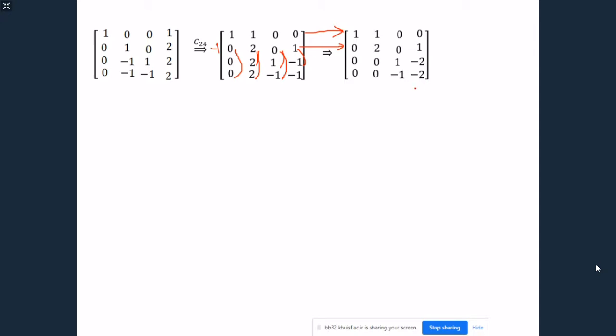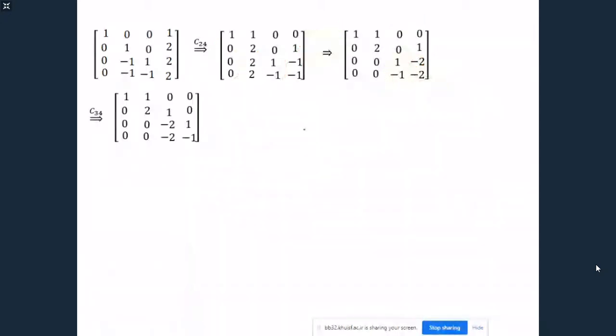Again, we calculate the maximum in this system. We have 1, minus 2, minus 1, minus 2. Maximum is here or is here, no problem. We change the second, the third, and fourth column.